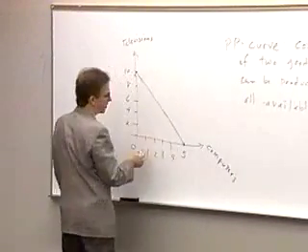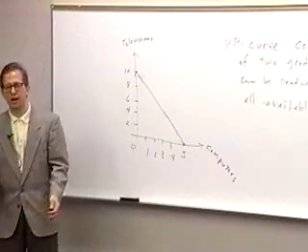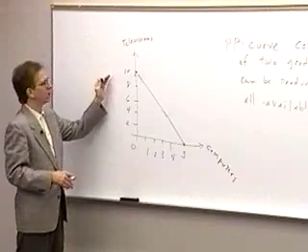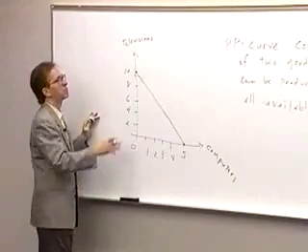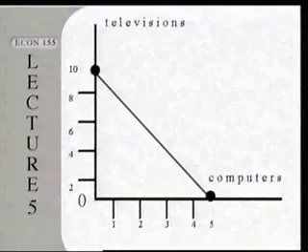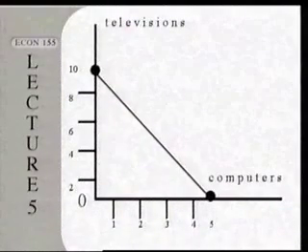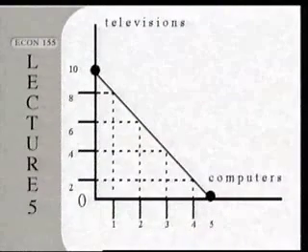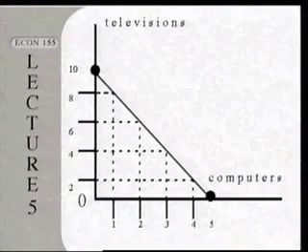So we've got in this horizontal direction number of computers, and of course if we're talking about a national economy we might be talking about 5 million rather than just 5, but the units don't make a whole lot of difference here. And we've got 10 units of television sets, 10 million or whatever you'd like to have. I'm not the best artist. I'm not even in the running for the best artist.